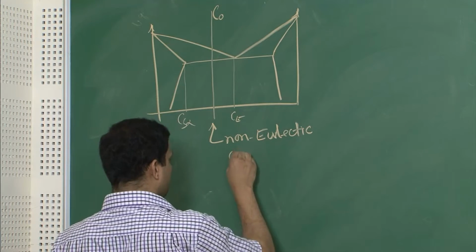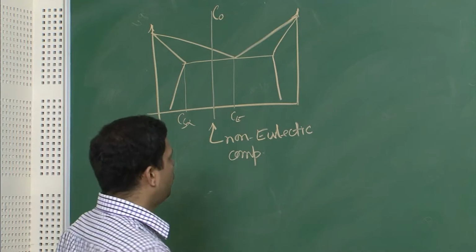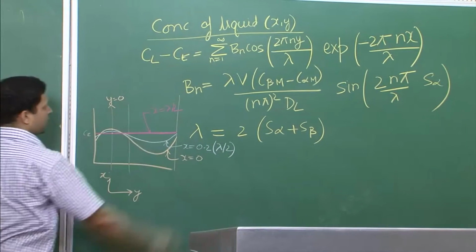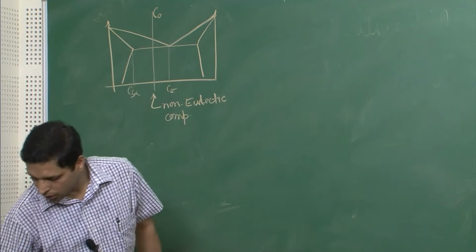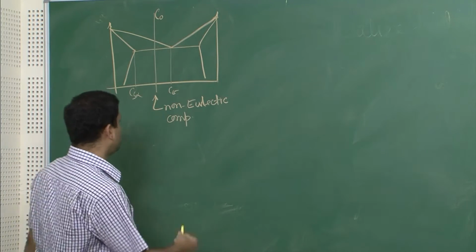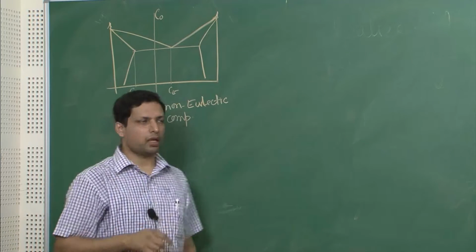When you look at the non-eutectic composition, this equation changes a little bit, which is what we want to emphasize over here. So let me write down the equation when we have an alloy composition which is a little different from the eutectic composition.